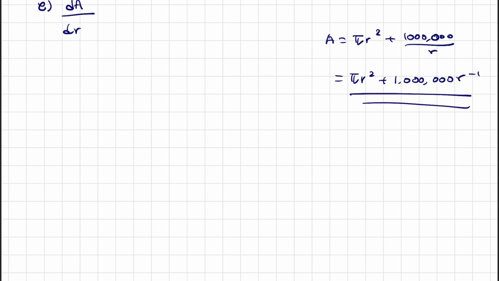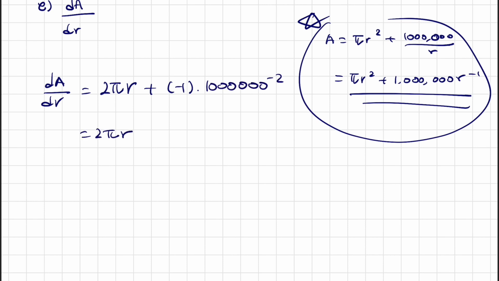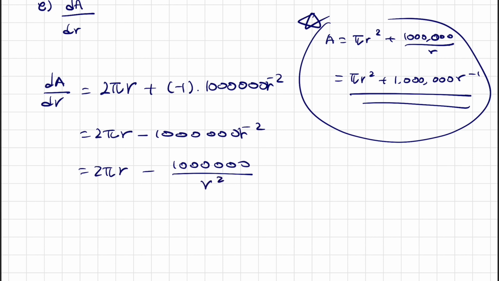When we differentiate, dA over dr becomes 2 pi r plus -1 times -2, which is the same as 2 pi r minus the value over, don't forget the r squared.